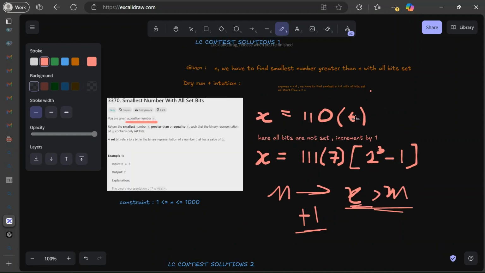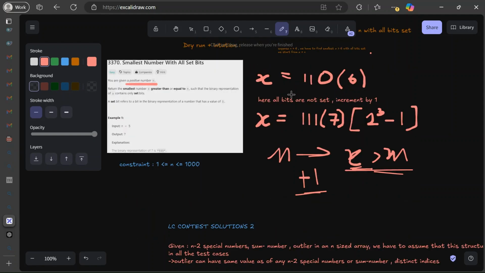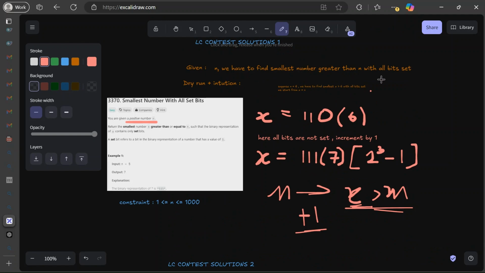That would be a brute force approach. But it would not satisfy our constraints as it would be an exponential solution, because checking for these many numbers, it can also take infinite time. So let's find an efficient approach.